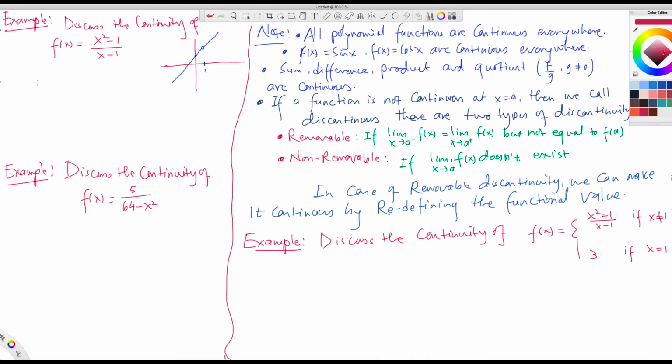In this example, I discuss the continuity of f(x) equals x squared minus 1 over x minus 1. If you remember from college algebra, how do I find the domain of a function? The domain of a function is the x values where the function is defined, meaning that to find the domain, we try to avoid the x values that give you infinity for the function.